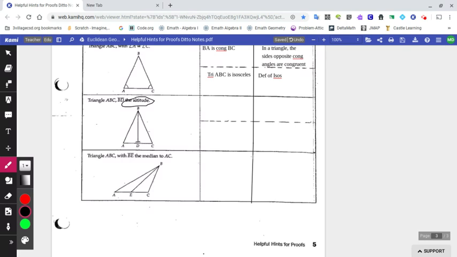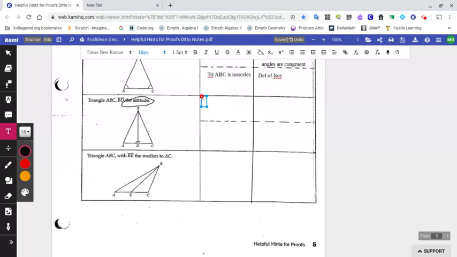So since that word altitude is used, that's going to tell me that angle BDA and BDC are congruent right angles.